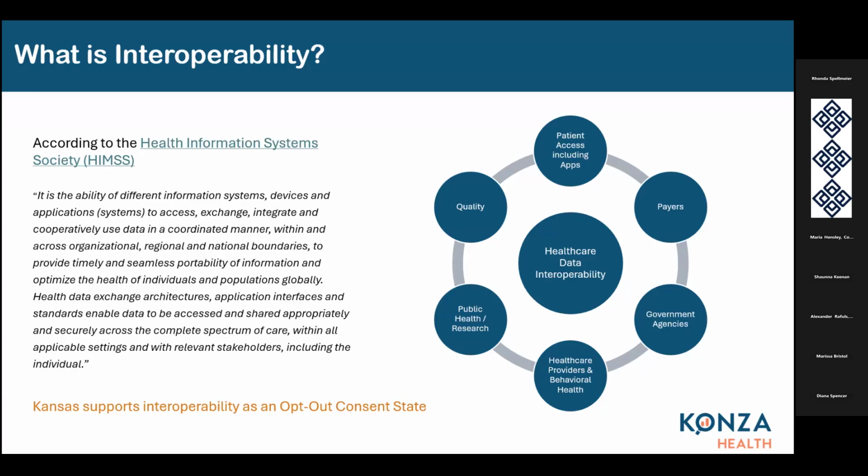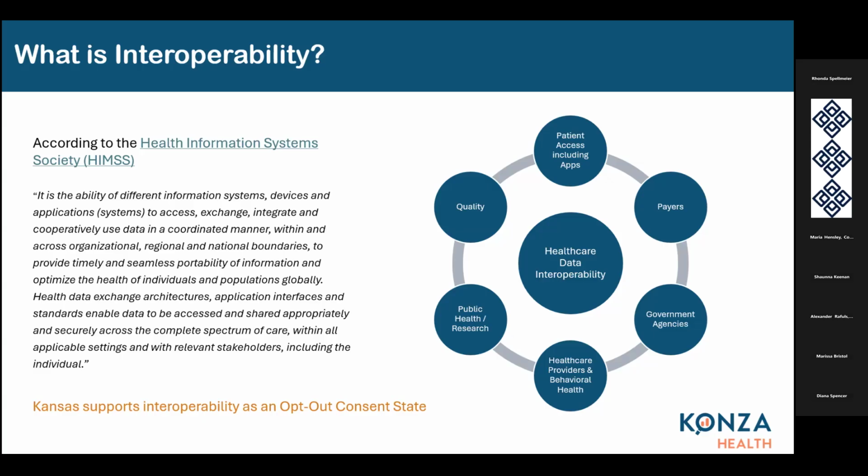Kansas is kind of unique, and Missouri also follows suit with this, in that the legislation supports the sending of data automatically to accredited HIEs in Kansas. We're accredited by the Kansas Department of Health and Environment, without patient's consent, without express consent. So what that means is you don't have to get consent every time your patient comes in for you to send data to an accredited HIE in the state of Kansas.